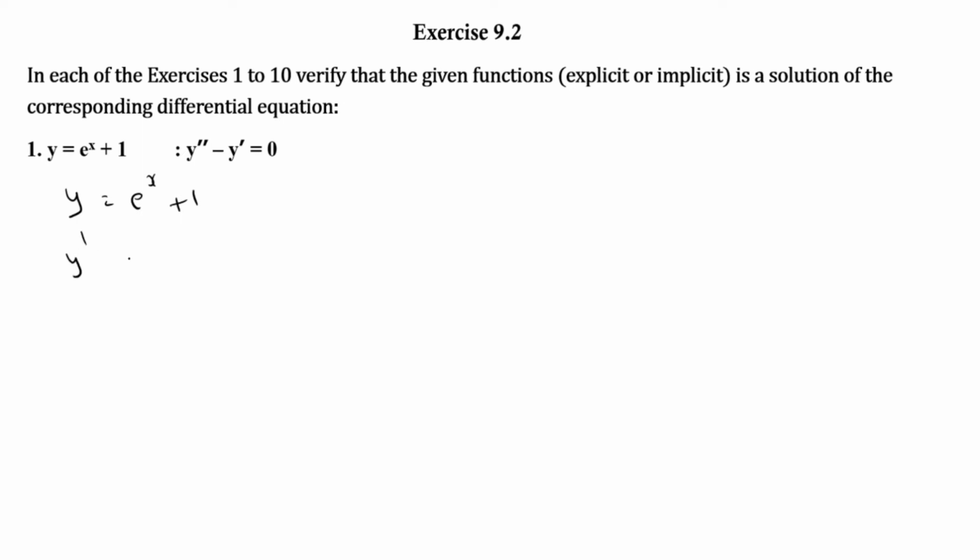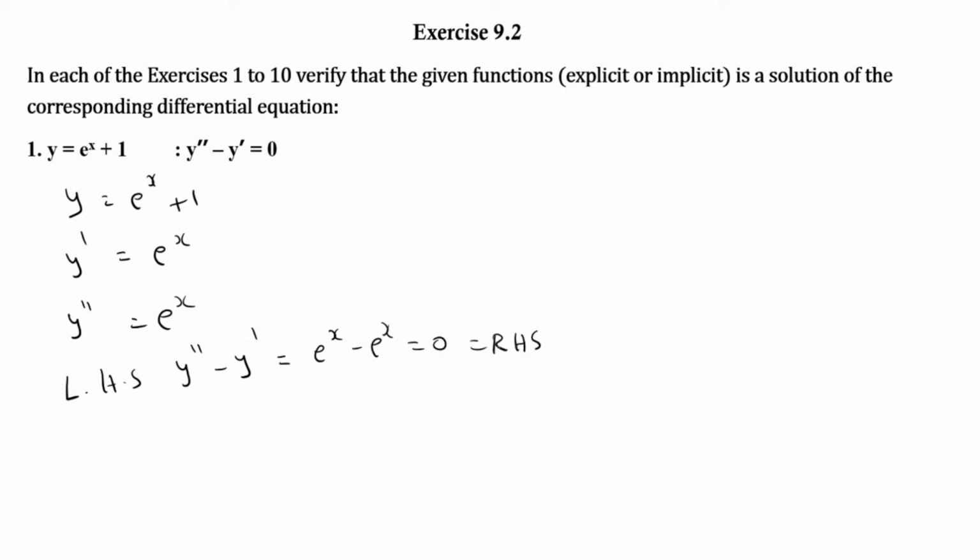From this, y dash, which is nothing but dy by dx, is equal to e raised to x, and y double dash is also equal to e raised to x. So the left hand side of the given differential equation, y double dash minus y dash, is equal to e raised to x minus e raised to x, which is equal to 0. So y is equal to e raised to x plus 1 satisfies the given differential equation.